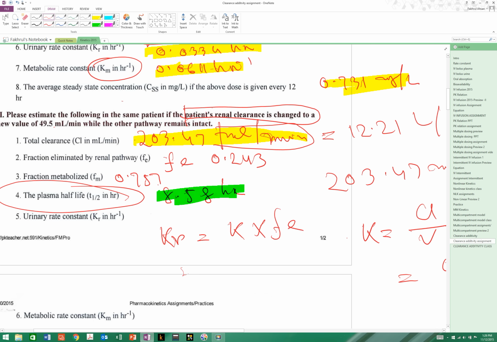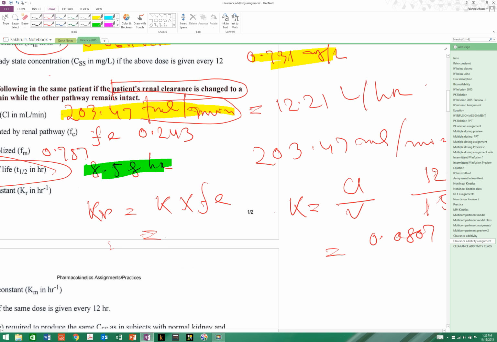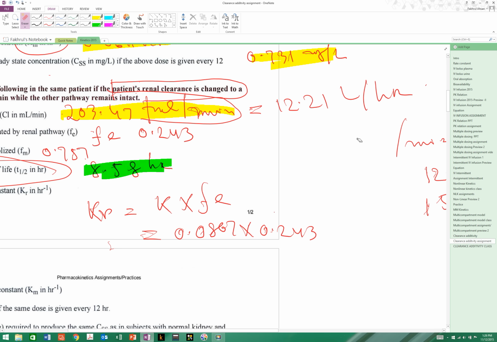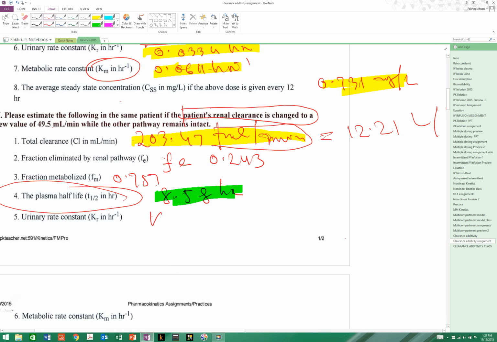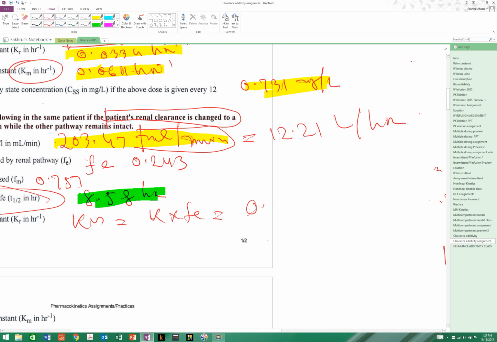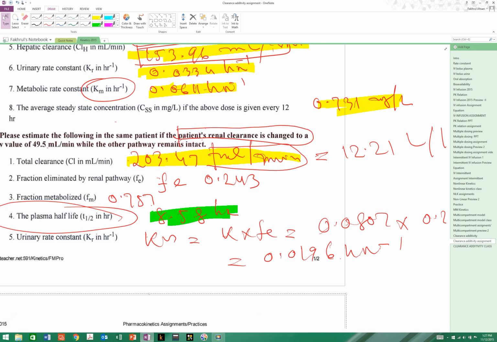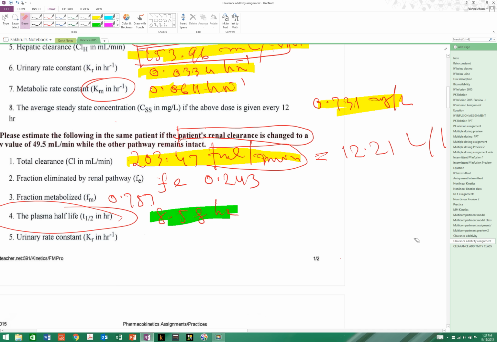So our Kr would be 0.0807 times 0.243, and this is going to give you 0.0196 per hour, the urinary rate constant. Let's put this answer here.